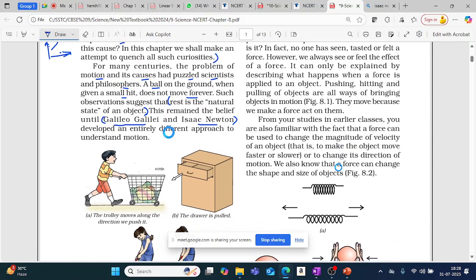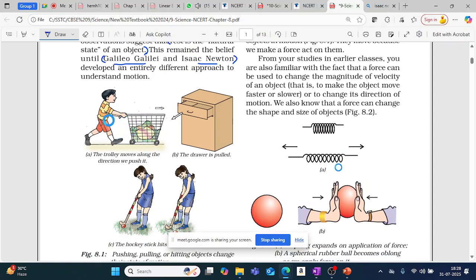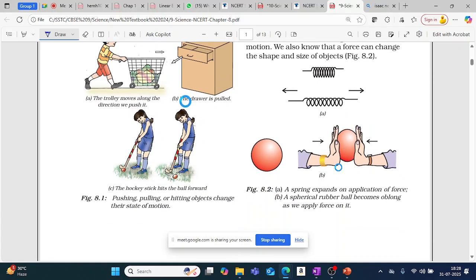Then what happened? Galileo Galilei and Isaac Newton developed an entirely different approach. Here you are pushing the trolley, it is moving. Here you are pulling a drawer, it moves. So a push or pull, a force, causes the motion. It changes the state of motion. A push or pull starts a body at rest or stops a body in motion.